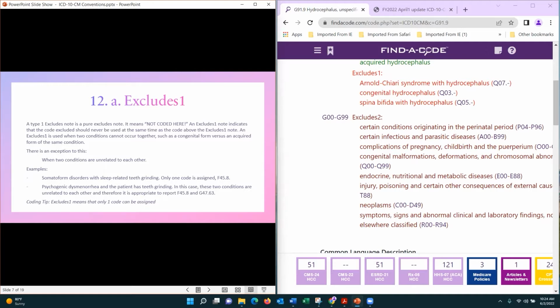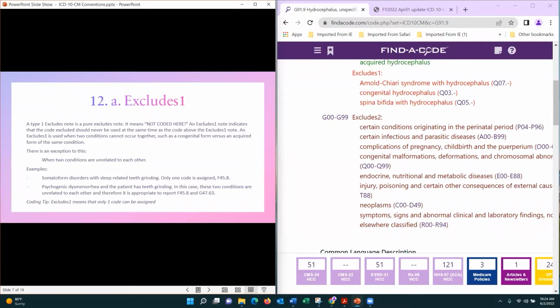When the chart is not clear on whether the conditions are related or not, you're going to have to send a note to either your coding manager, or if you're working directly with a physician, to the physician, because you have to ask. You cannot assume.